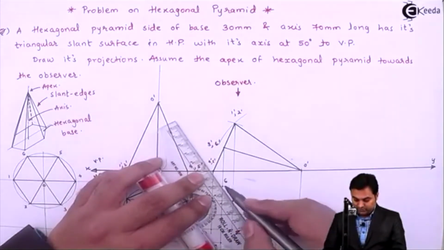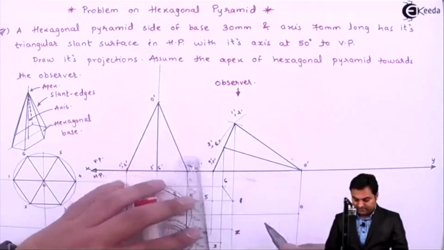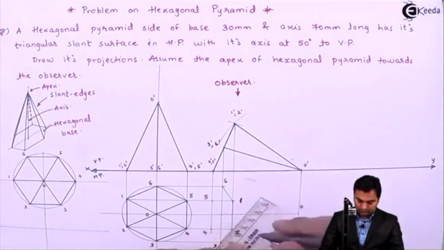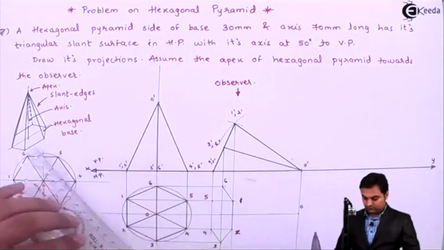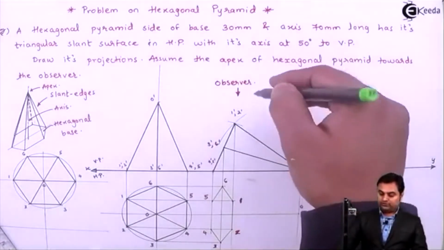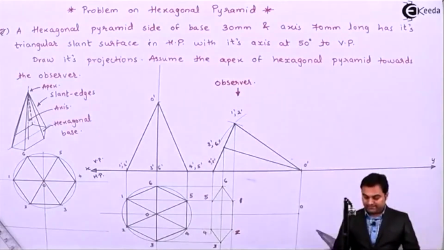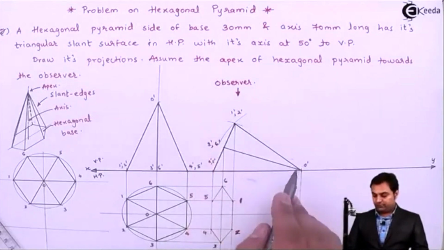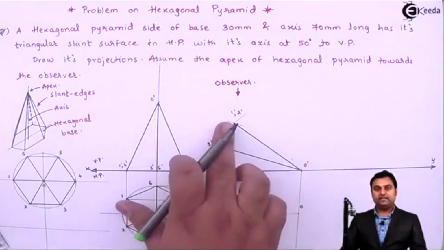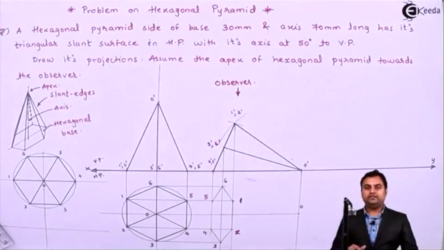So drawing it with a solid line, first light and then I'll make it dark. Then when the observer is at the top, at that time this triangular face O dash, 1 dash, 2 dash is visible. Here it is looking like a line. In the top view it will be a triangle.